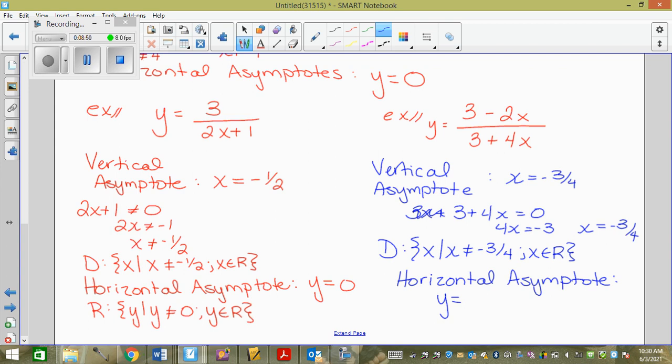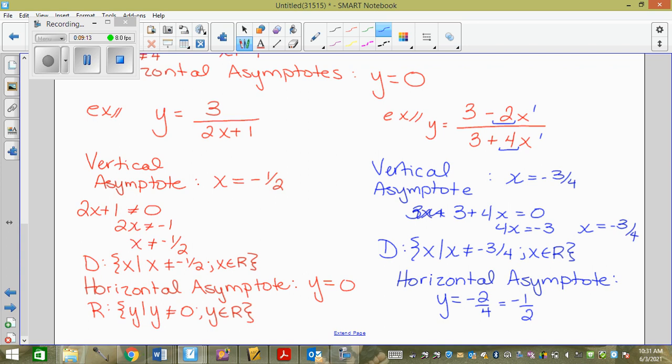The degree of the denominator is 1. They're both the same, so I take the fraction of their leading coefficients, which is going to be negative 2 over 4, which reduces to negative a half. You can take a 2 out of both. Do you see that? So when they're the same?